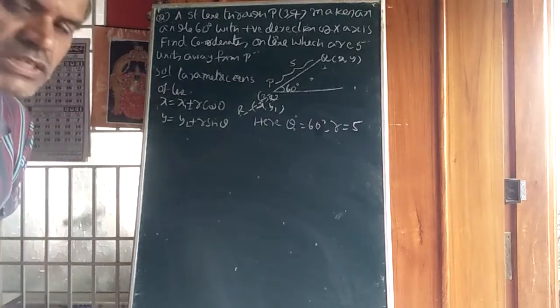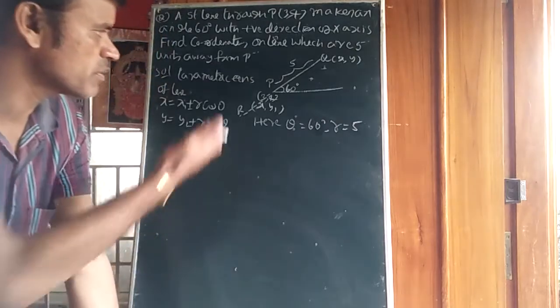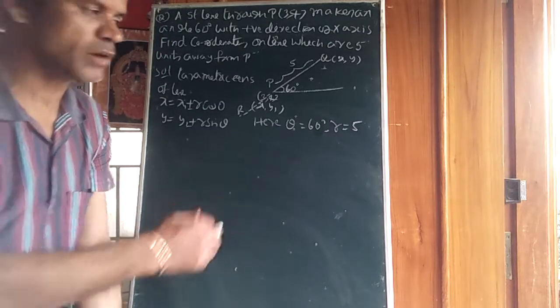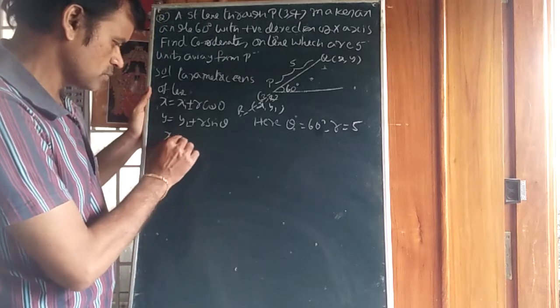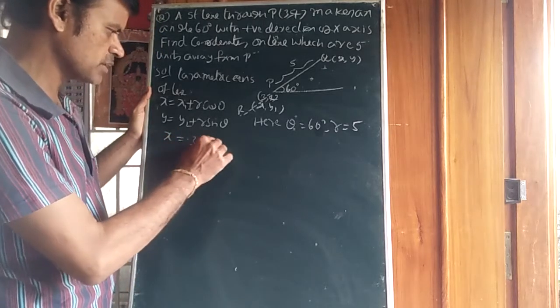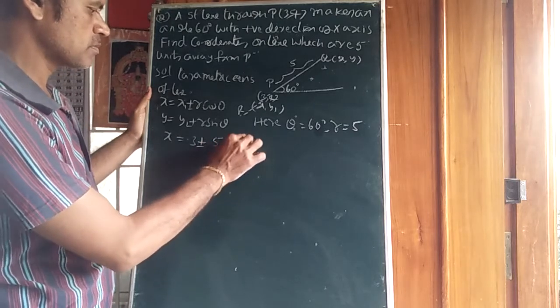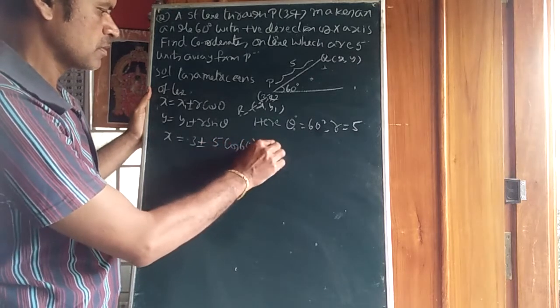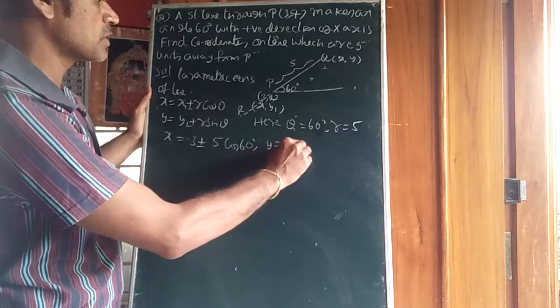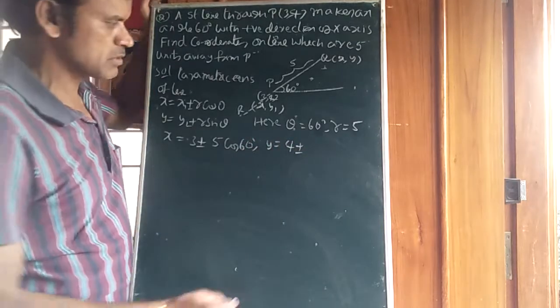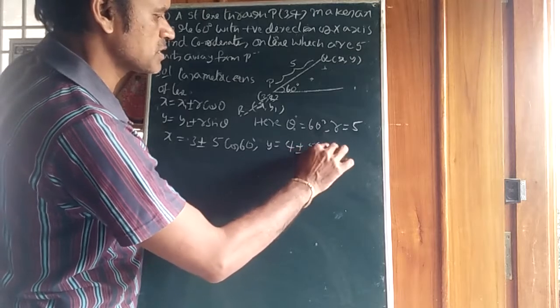Here theta is equal to 60 degrees and r is equal to 5. (x1, y1) is already (3, 4). Apply the formula directly: x is equal to 3 plus or minus 5 cos 60, and y is equal to 4 plus or minus 5 sin 60.